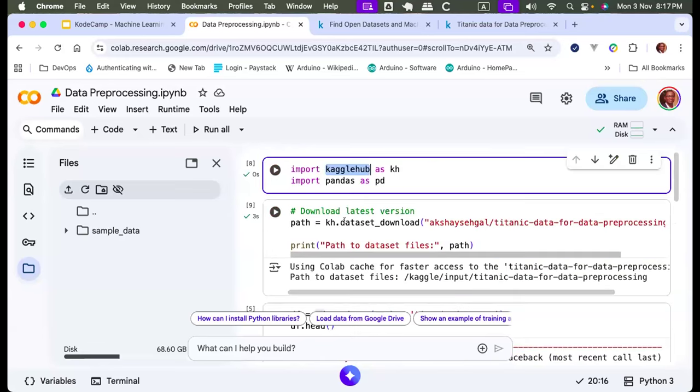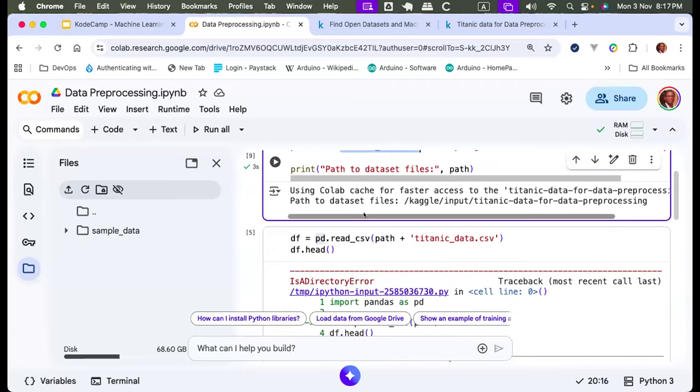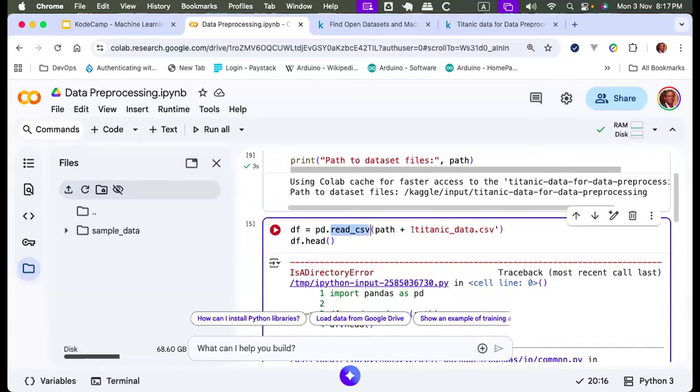All right, so here I had already used the dataset download function in KaggleHub to download this data as given to me from Kaggle. Now, I use read_csv. So this is Titanic data. I need to figure out whether I need to put a slash here or not, but I will not put a slash yet. Let me just try it.